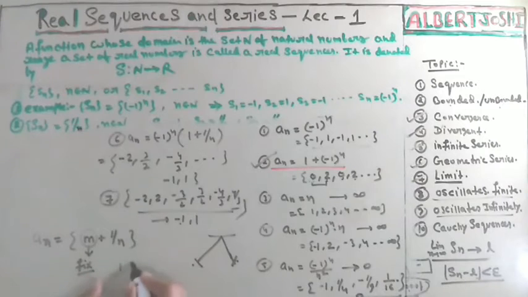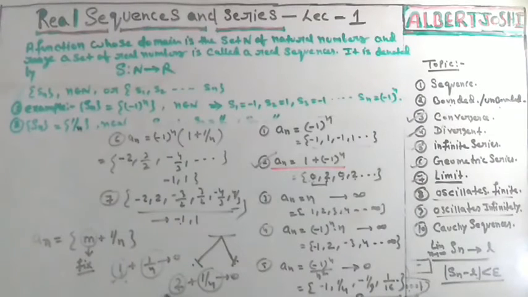Suppose you fix this value 1, then 1 plus 1 upon n. If you increase n tends to infinity, then this value goes to 0. So you are getting 1. And after that you fix 2 in place of this, then 1 plus 1 upon n. If you increase this value, it converges to 0. But this value is fixed, so it converges to 2.